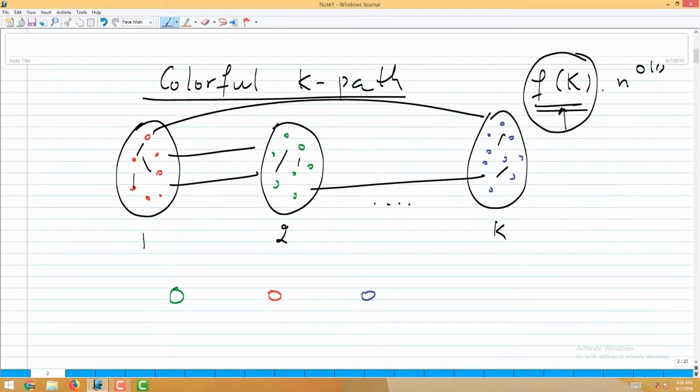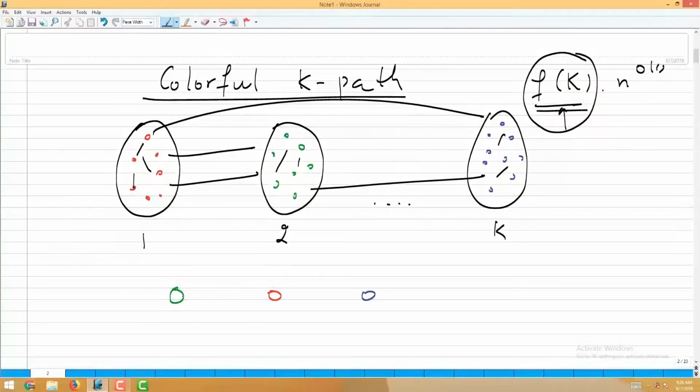Now, once I guess that, what is the problem we are looking at? We are looking at a k path. Earlier we were looking at a k path that was colorful. Now we are looking at a k path whose first vertex is green, second vertex is red, and third vertex is blue. And I'll try to find a k path for every possible ordering of these colors.